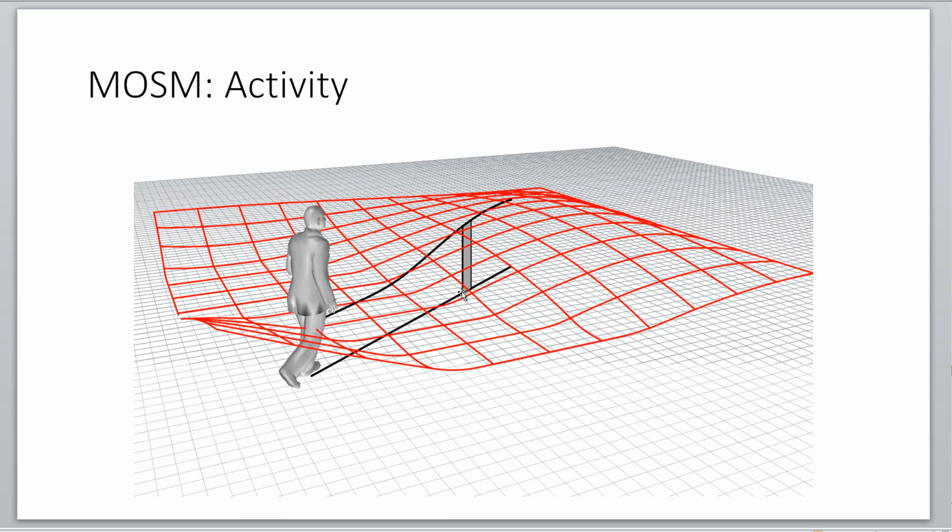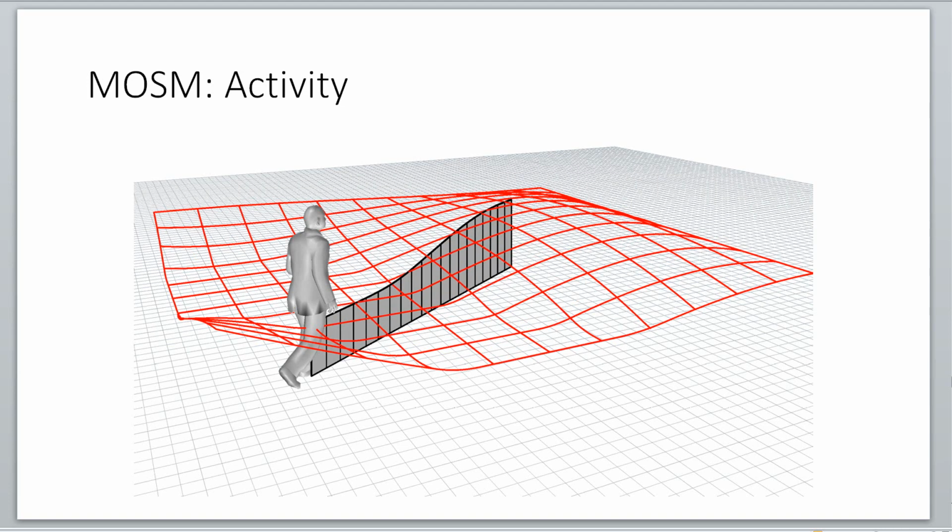So for instance, at this point of the path, the discomfort that we may experience is actually this one, and then we can simply integrate all of them. And if we integrate all of them and add the effect of the length to that, then we will get the overall evaluation that we have from that path.